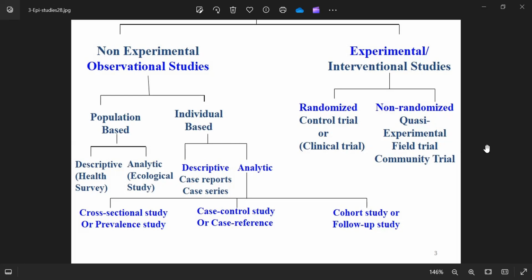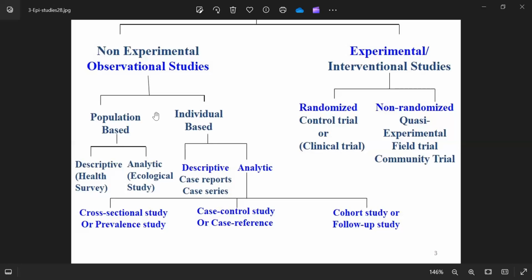First and foremost, we are going to start with non-experimental, also known as observational study designs. Under these observational study designs, we have the ones whose unit of analysis is population, whereas the other one focuses on individuals.